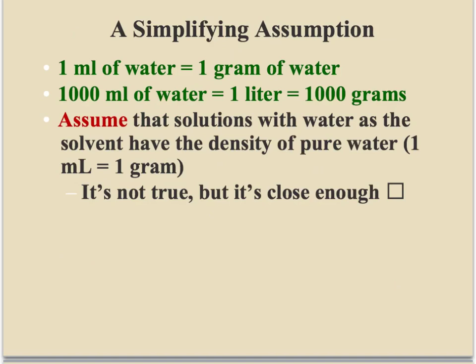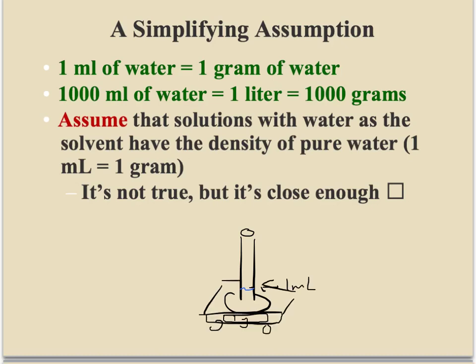So here's a little thing that'll make your lives a lot simpler. We're going to assume always, and this is true for pure water, that 1 milliliter of it would equal 1 gram. So what that means is if you take a graduated cylinder and you measure out exactly 1 milliliter of water and then put it on a scale, it's going to read 1 gram.